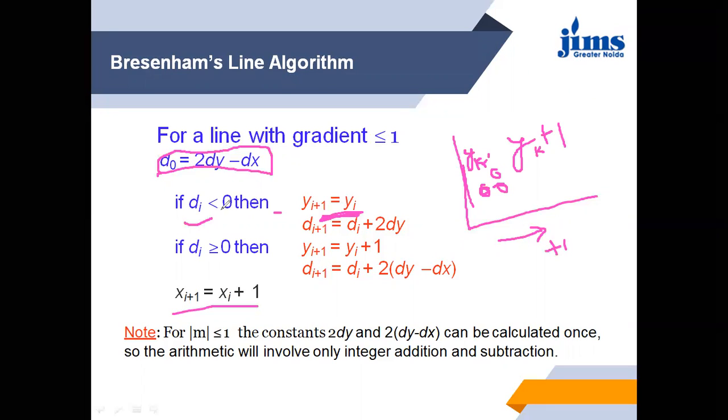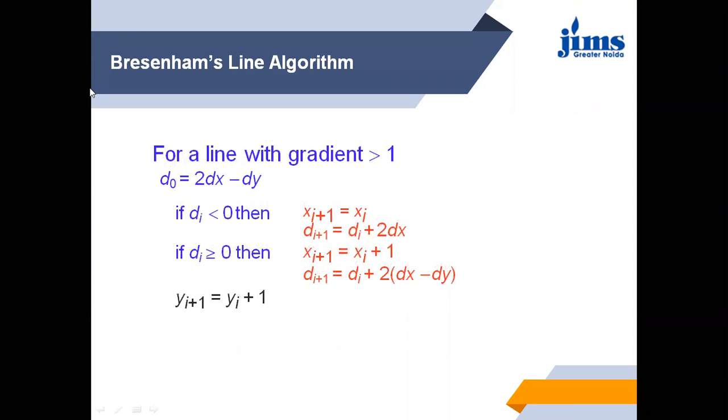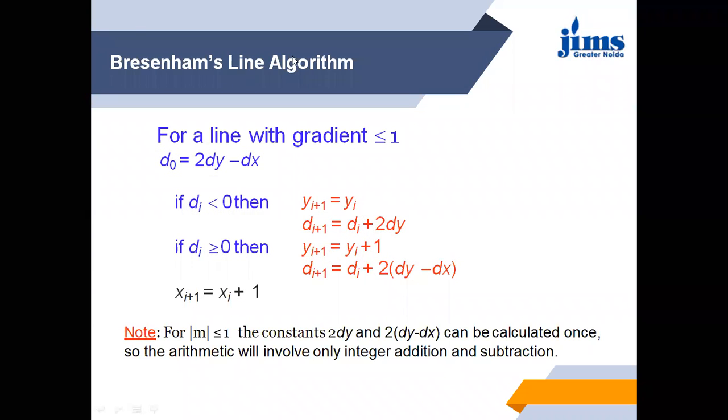When di is less than 0, the next pixel is yk, and when di is greater than or equal to 0, the next pixel is yk plus 1. This is what we discussed when the gradient is less than or equal to 1.